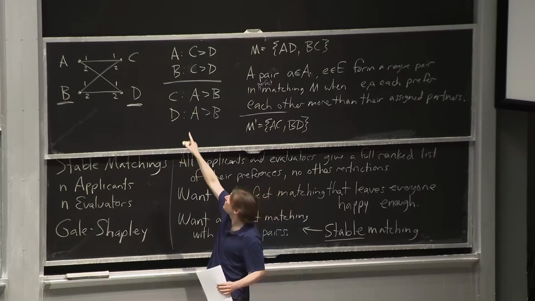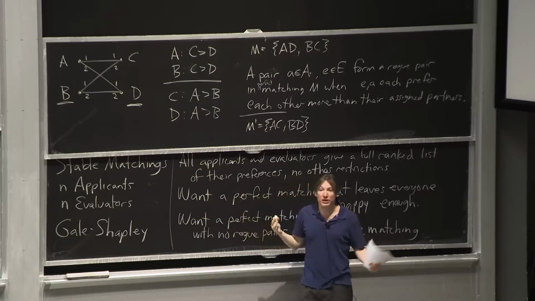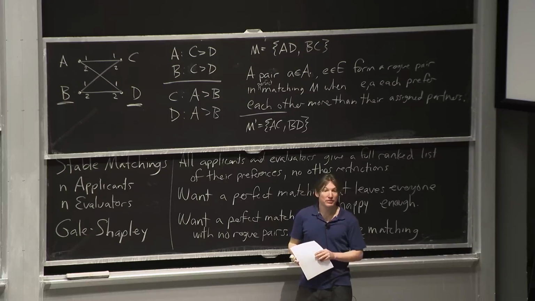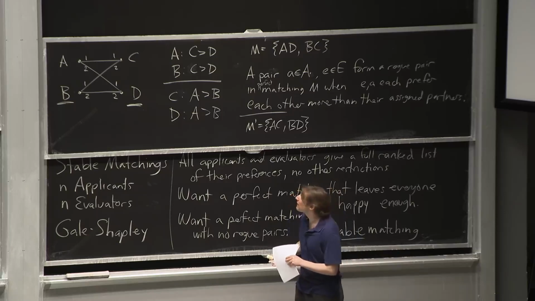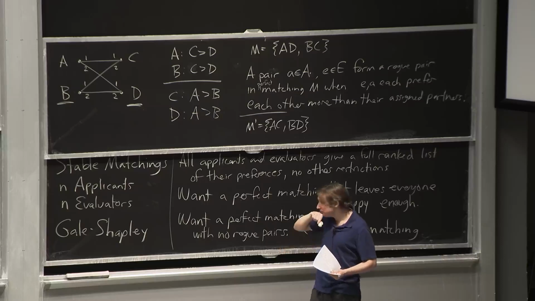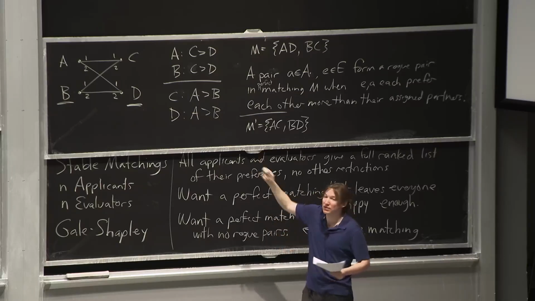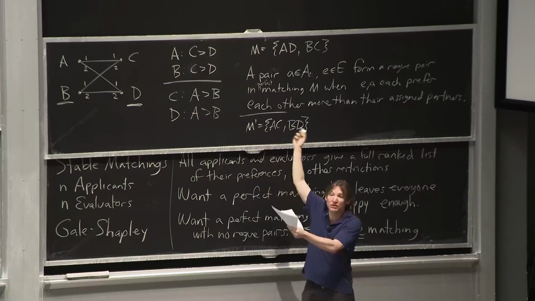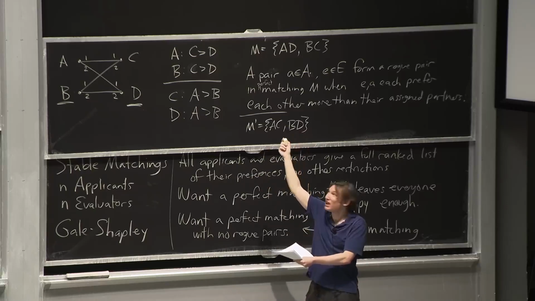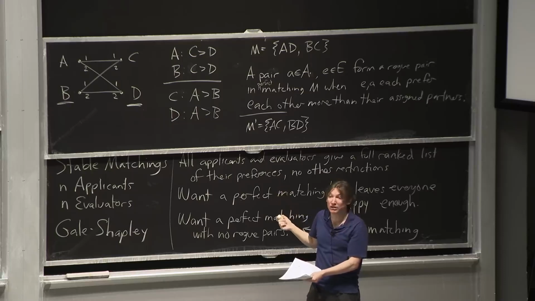OK, so A with C. Well, A and C each got their top choice. There's no way they would ever go rogue. Right? And then if A and C can never go rogue, then no one can go rogue with them. So B and D isn't going to break up, because B and C aren't going to run away together. C is already happy. A and D aren't going to run away together. A is already happy.